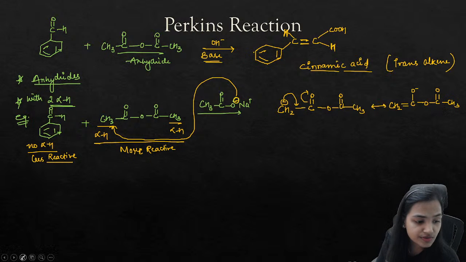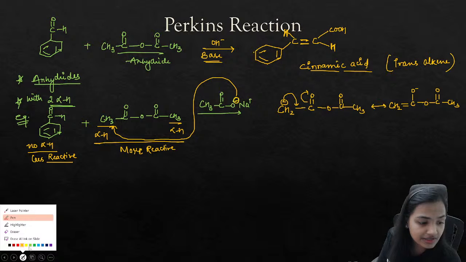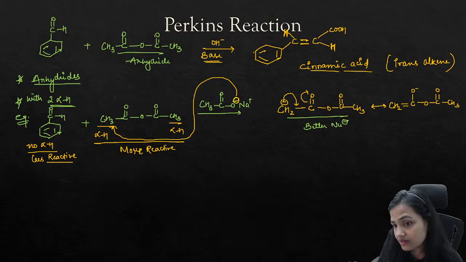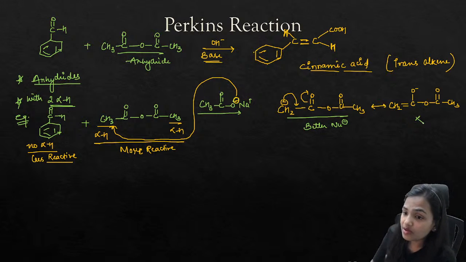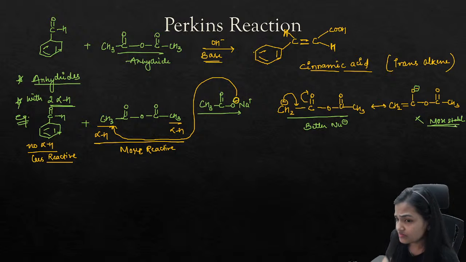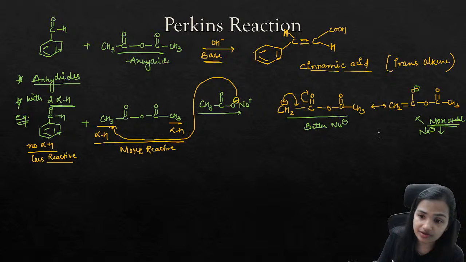But out of these two, you will find that this is a better nucleophile rather than this. Is this a better nucleophile? No, this is not. Why? Because the negative charge is more stable over the oxygen, so it is less reactive, and nucleophilicity decreases. Got it? So this is a better nucleophile.